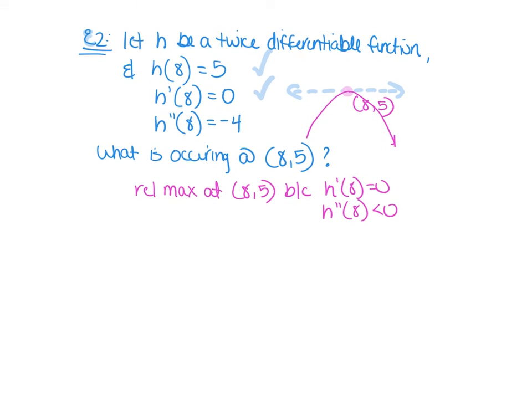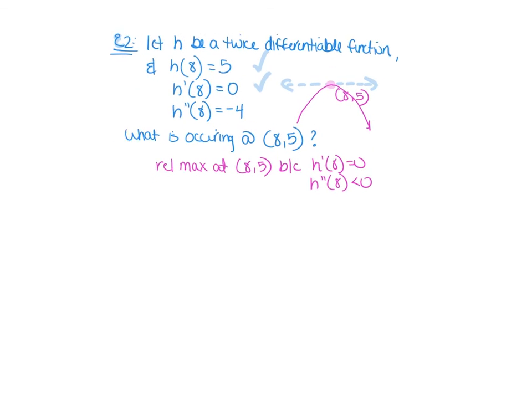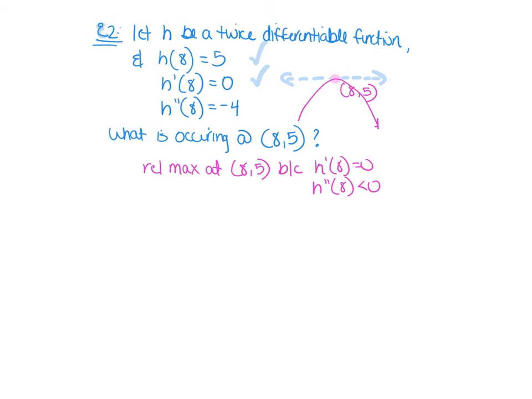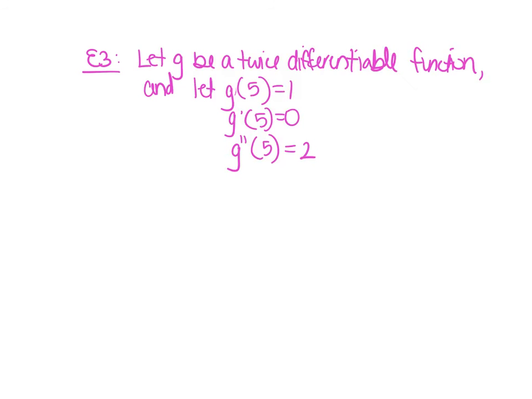All right, you're going to try one of those on your own. I'll have you pause it and then unpause it to see that you got the correct answer. So example 3: let g be a twice differentiable function and let g of 5 equal 1, g prime of 5 equals 0, g double prime of 5 equals 2.